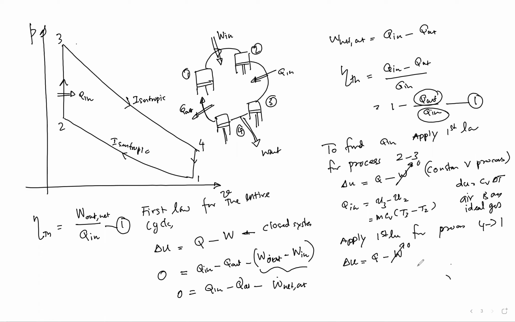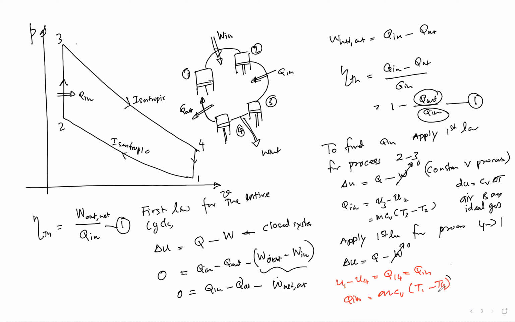And I can write delta U is equal to U1 minus U4, final minus initial, equal to Q out. Now Q out is equal to, again using the ideal gas assumption, m Cv T1 minus T4.